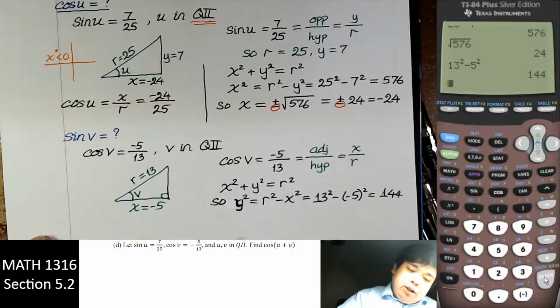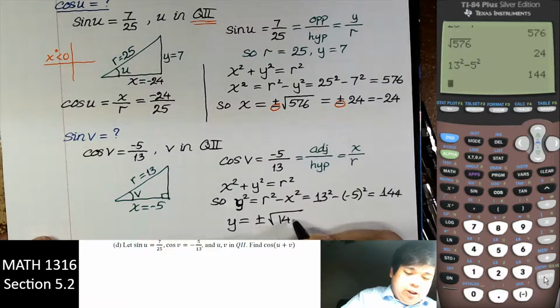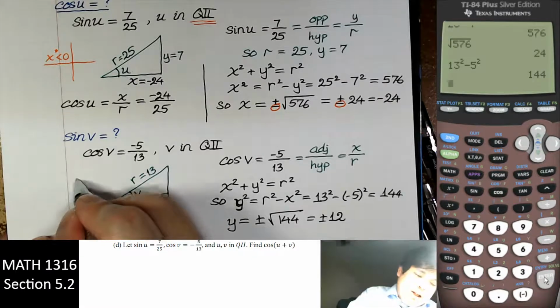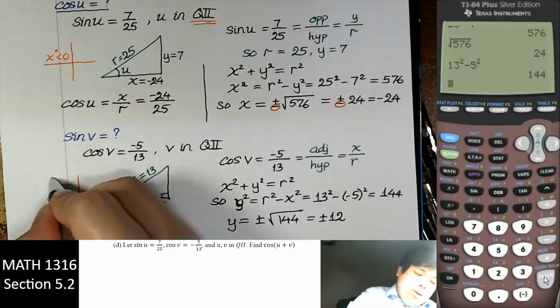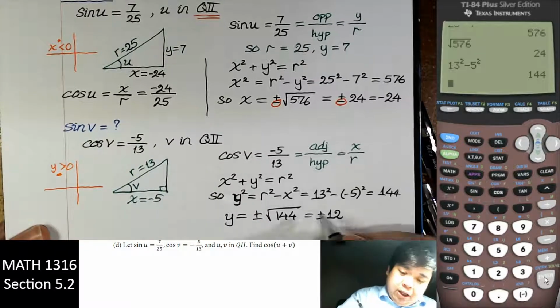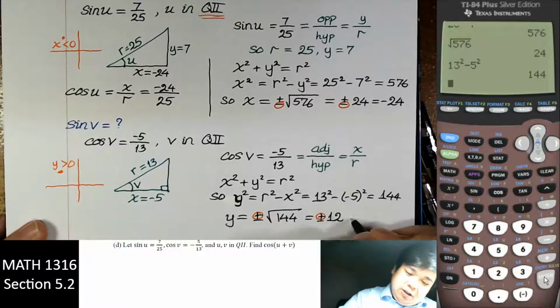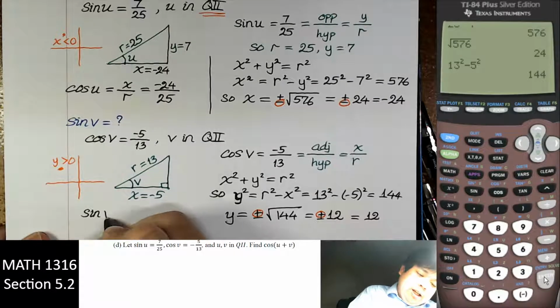And now to solve for y, plus or minus square root of 144, which is plus or minus 12. And in quadrant 2, the y value will be positive if the point is in here, so we choose positive.